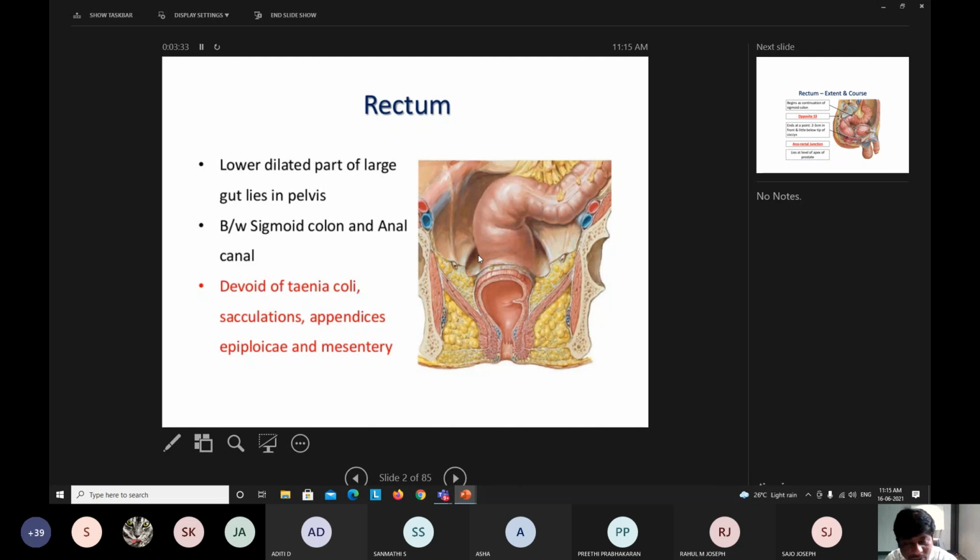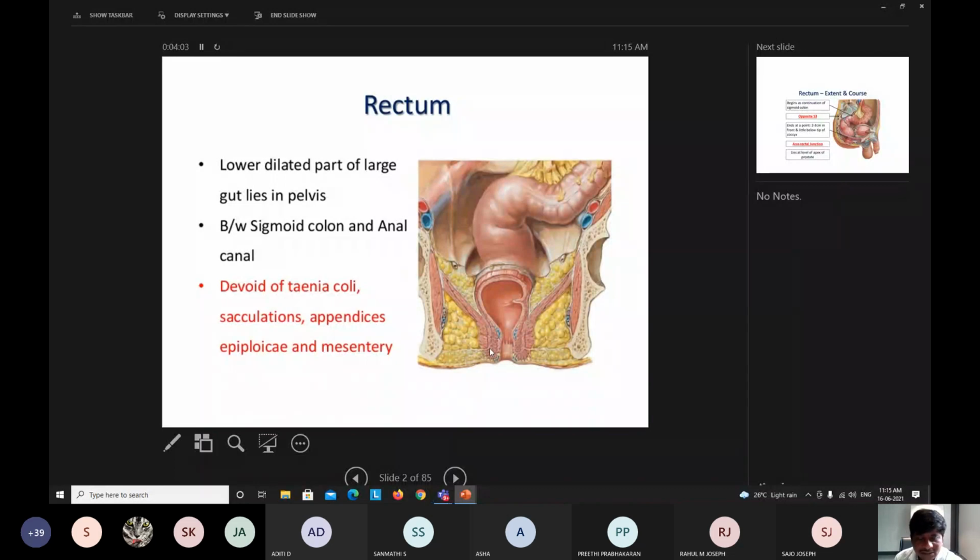So this forward bending of the rectum means it is not straight in humans, but in quadrupeds it is a straight tube of the GIT. It is present in the pelvis, between the sigmoid colon above and the anal canal below.